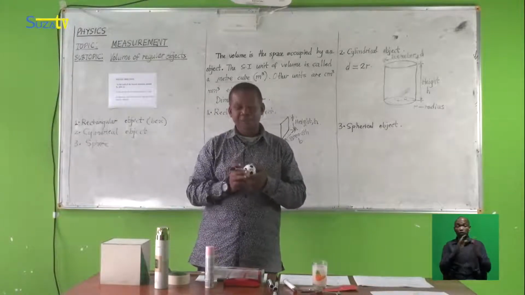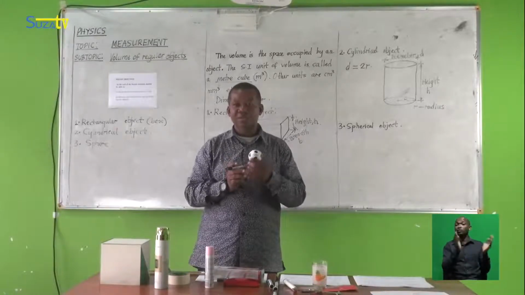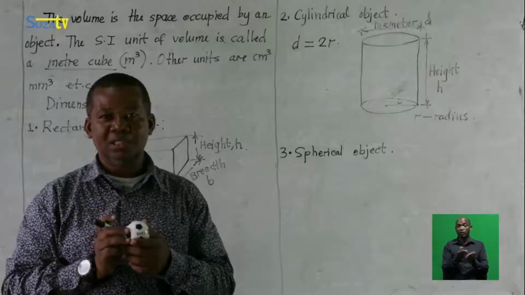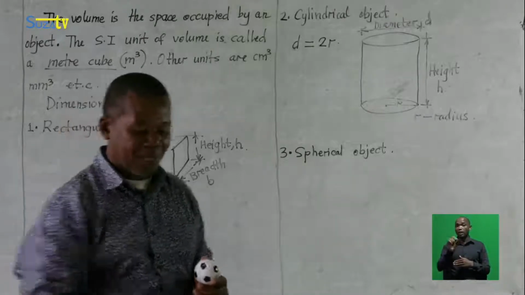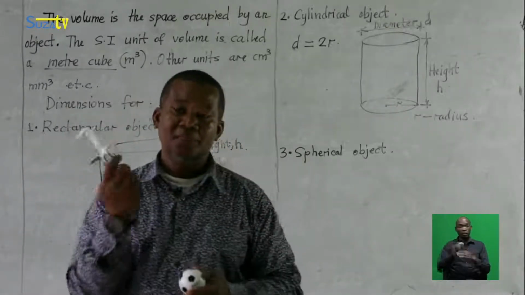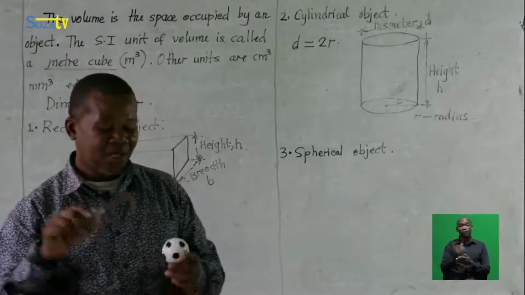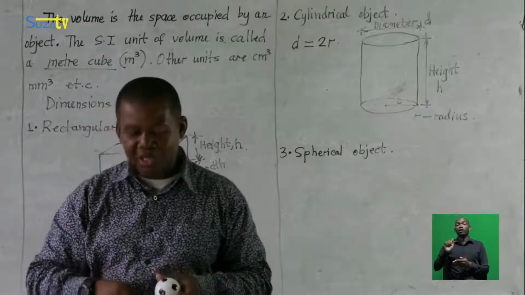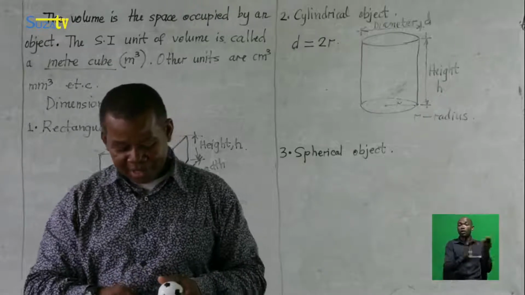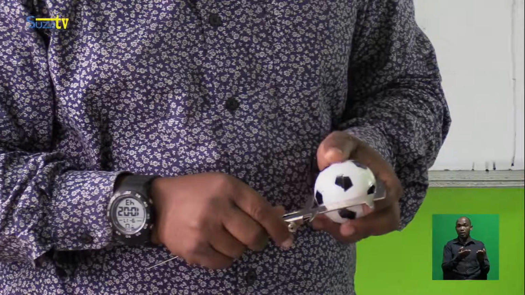It is the shape of the sphere. So this is the spherical object. For the case of the spherical object, the instrument we have to use, what is this? Okay, it is a vernier caliper. So we are going to use it to measure the diameter of the spherical object.